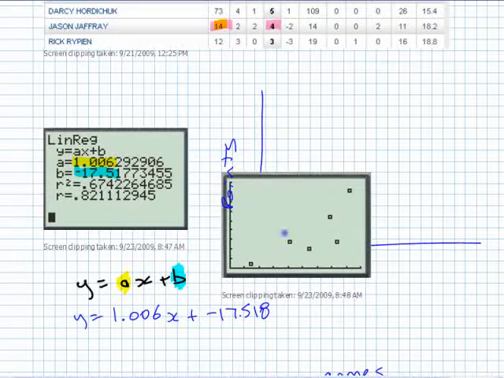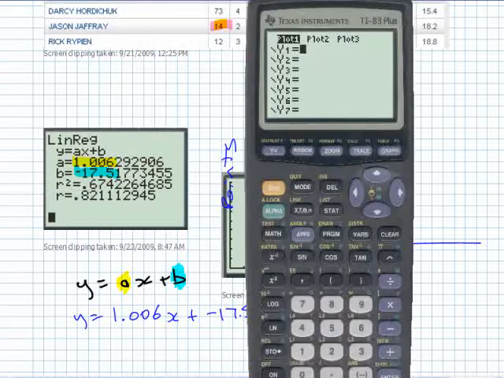So put that in under y equals 1.006x, don't forget the x, plus negative, or you could just subtract. Plus negative is the same as writing subtract there, 17.518.